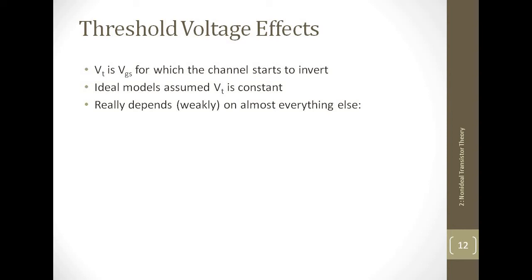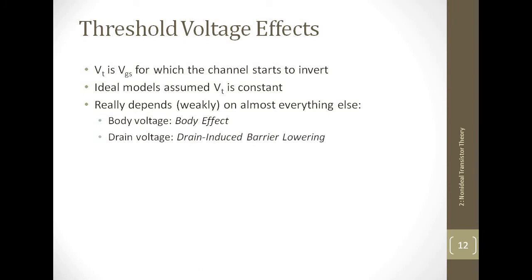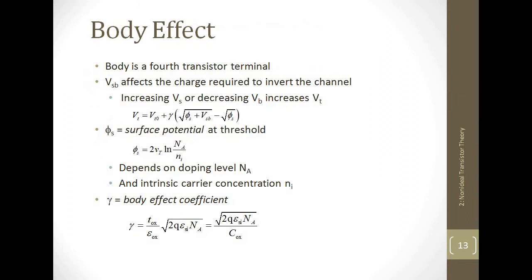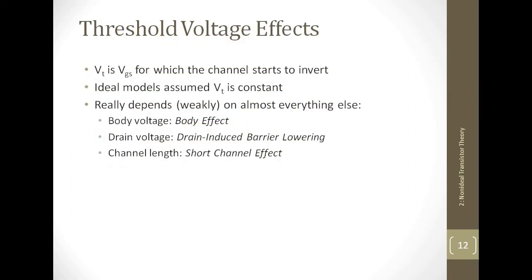Ideal models assumed VT is constant, but it really depends weakly on almost everything else. It is affected by the body voltage, called the body effect, by the drain voltage, called drain induced barrier lowering, and by channel length, which is the short channel effect.